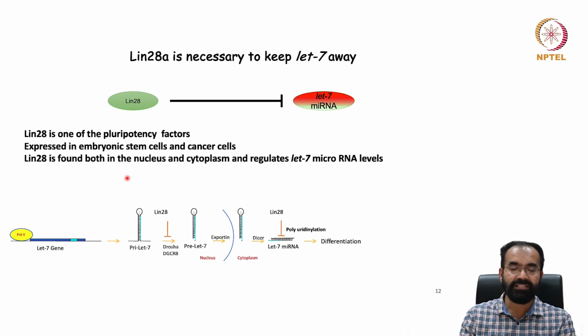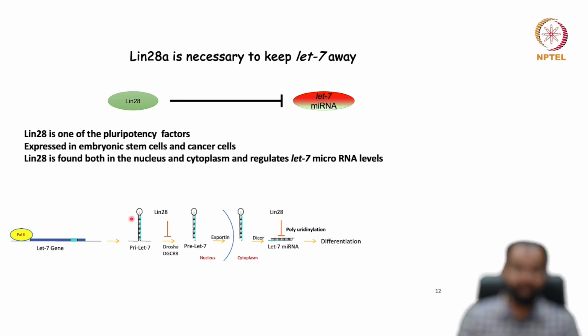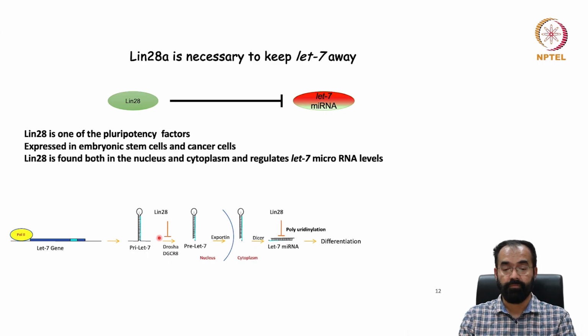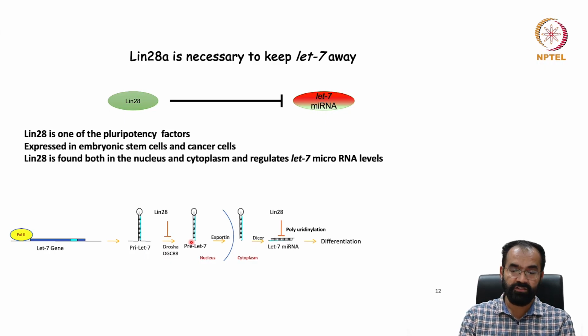It is produced as a primary LET7, which is processed by DROSHA and DGCR8 to become pre-LET7, the precursor LET7 microRNA, because this portion is chopped off. It is exported to the cytoplasm and acted upon by Dicer, and you end up getting a LET7 microRNA.